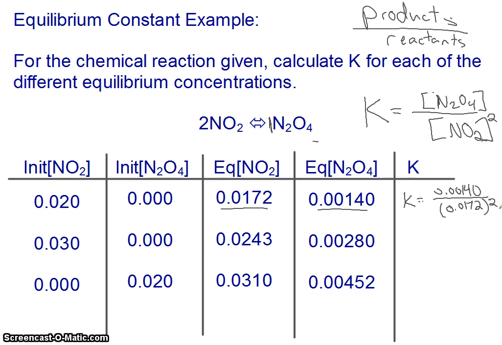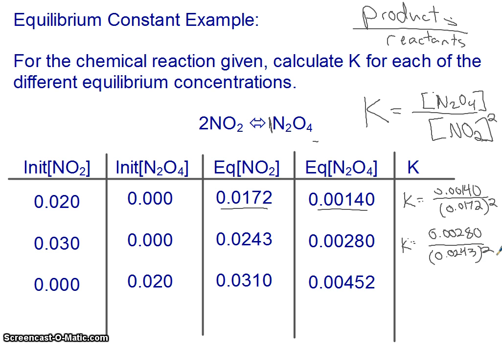Now I do another reaction, and this time I start with 0.03 instead of 0.02, and it comes to equilibrium, and I have 2 new equilibrium concentrations. If I put those into K, I get that it equals 0.00280 over 0.0243 squared.